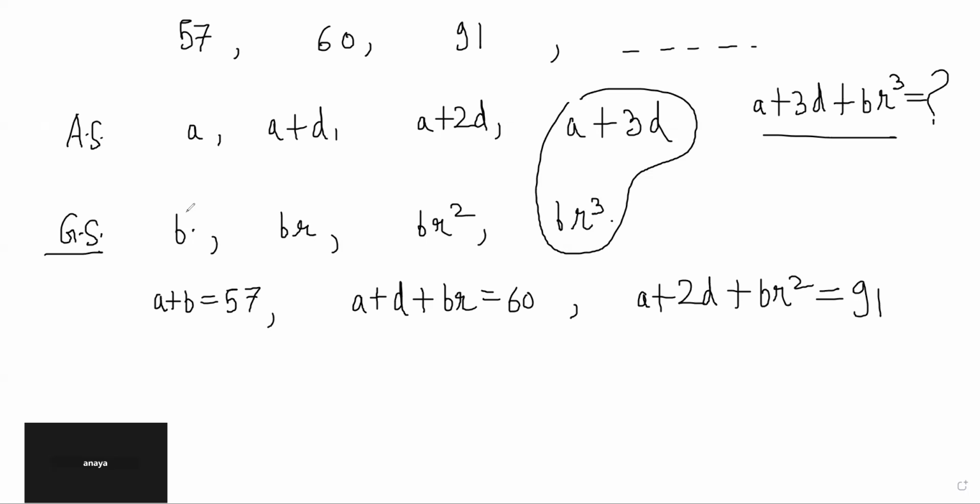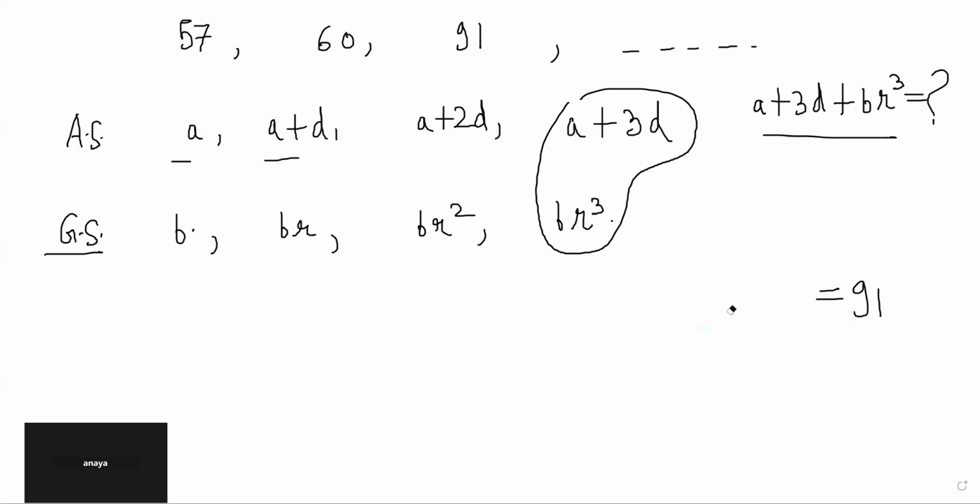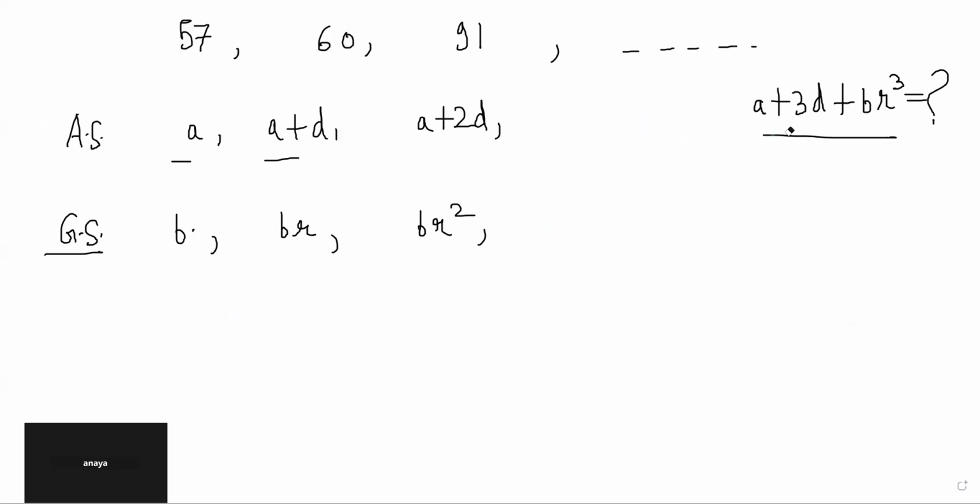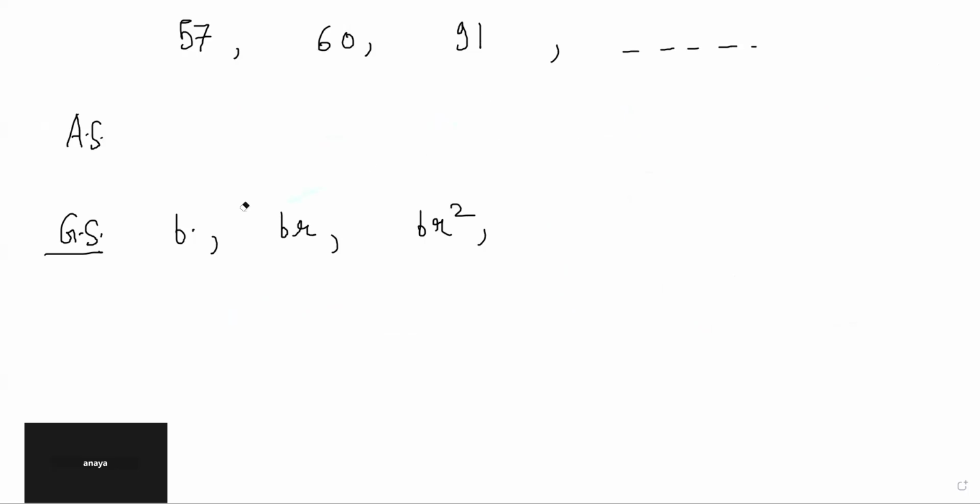So I will not do it like this because these are annoying equations. What I will do is choose my AP terms in a slightly cleverer way. We need four terms in AP and four terms in GP.